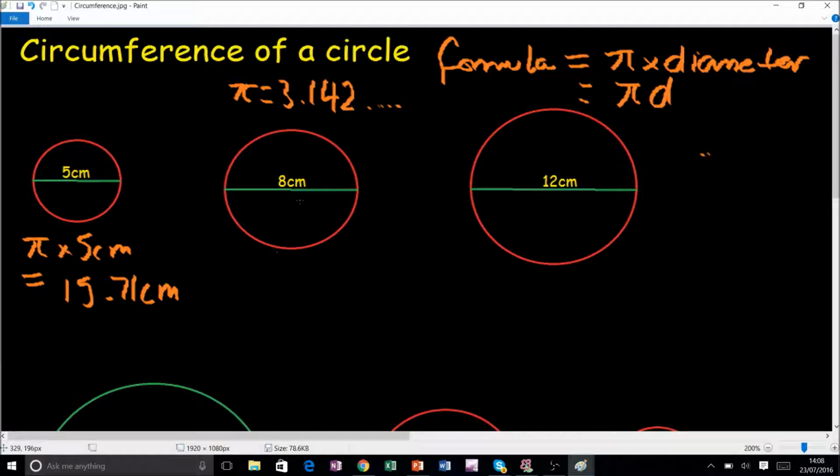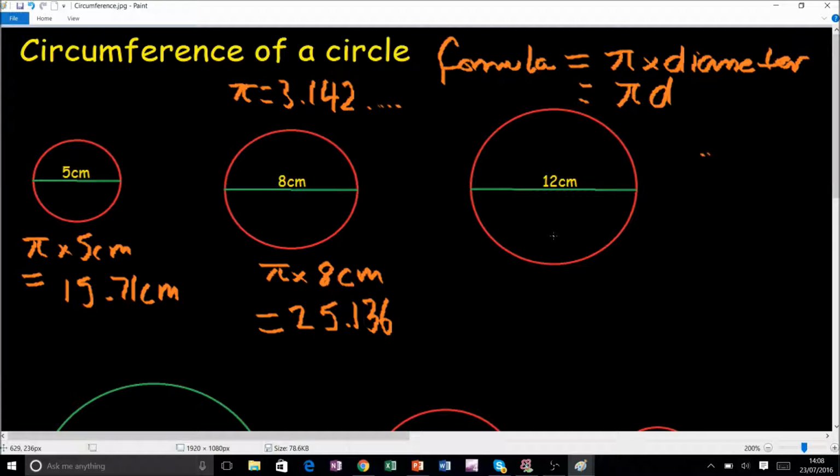Now let's look at the next question. We've got a diameter of 8 centimeters, so we're going to do pi times 8 centimeters, and that is going to give us 25.136.